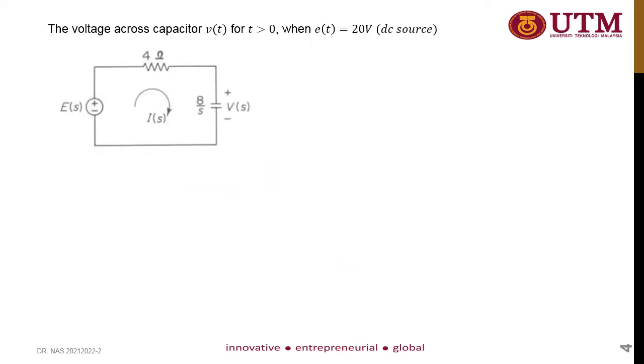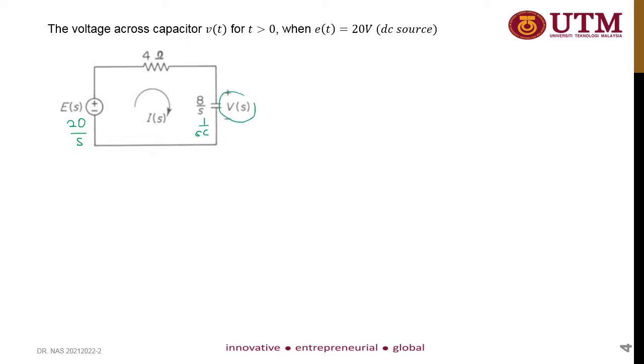Next you need to determine the voltage across the capacitor v(t) for t larger than 0, and e(t) as earlier is equal to 20 volts, so here it is 20 over s, and then this is 1 over sC.